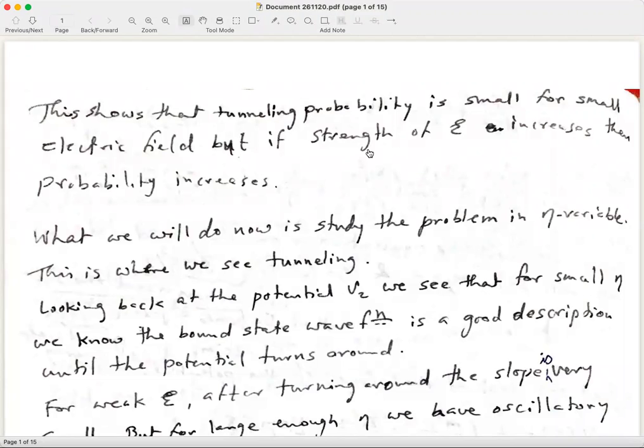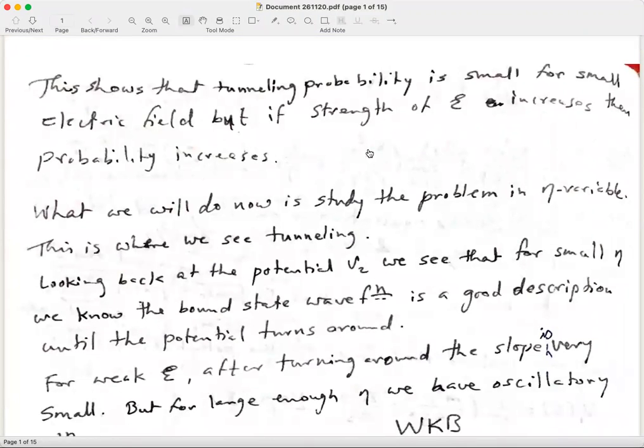Okay, so we were looking at the ionization probability last time, and what we saw was that if one works in the parabolic cylinder coordinate system, then one can write down equations in the xi variable as well as in the eta variable.